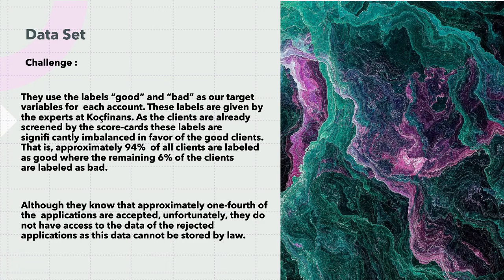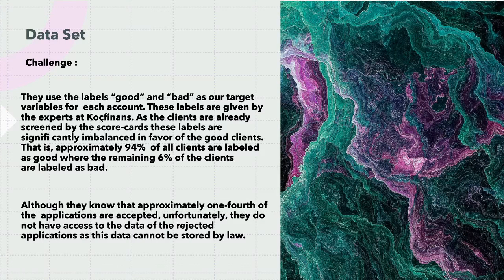But the thing is that the clients are already screened by the scorecards, and these labels are imbalanced in favor of good clients, which means around 94% of all clients are labeled as good, while the remaining 6% are labeled as bad.